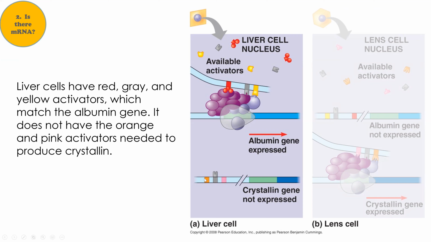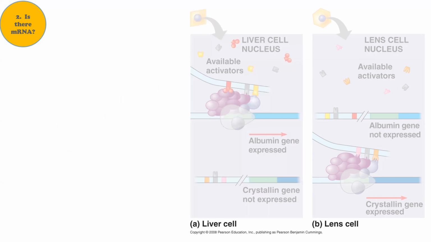But because we don't have the proper activators present in the cell, they're just not present, we can't have this sort of DNA binding structure that allows us to recruit in these mediators, the general transcription factors. So crystalline is not expressed in your liver cell. Again, even though both genes, albumin and crystalline, are present.